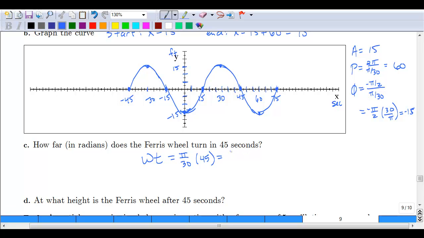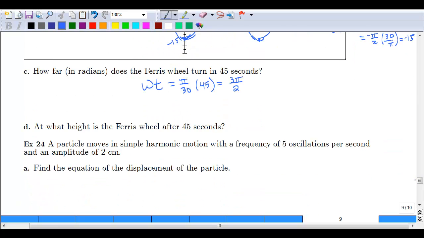So we end up with 3 pi over 2. That's how many radians it has gone, which makes sense. If you think about where we started, you've gone through 1, 2, 3 quadrants. So 3 pi over 2 is where we end up. That's how far it's turned.